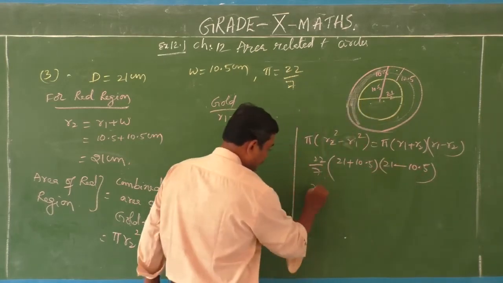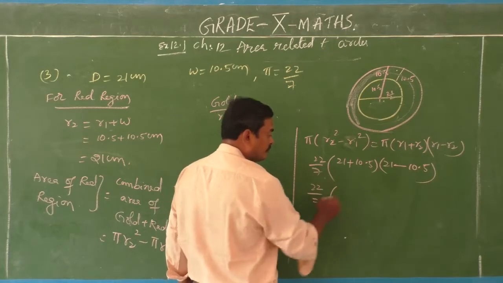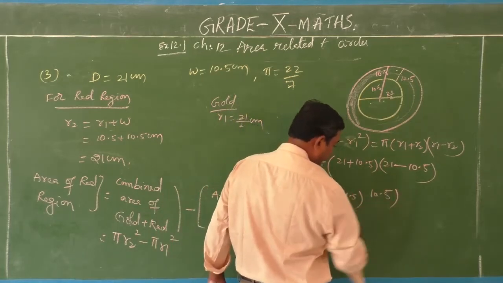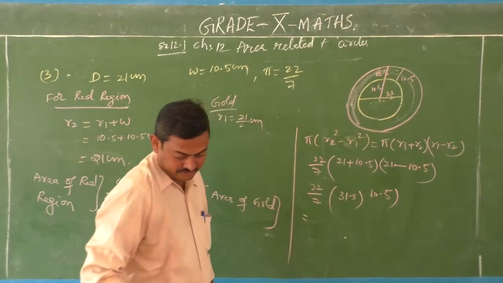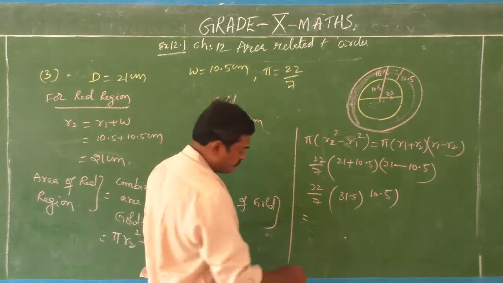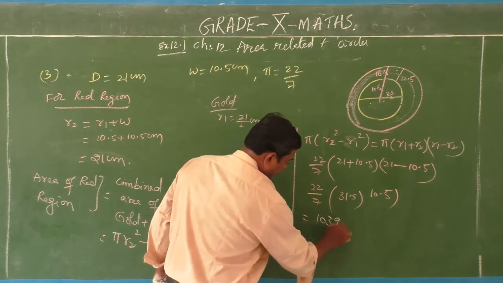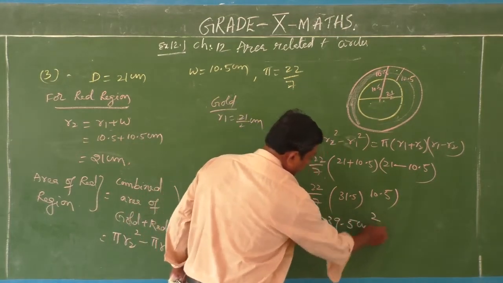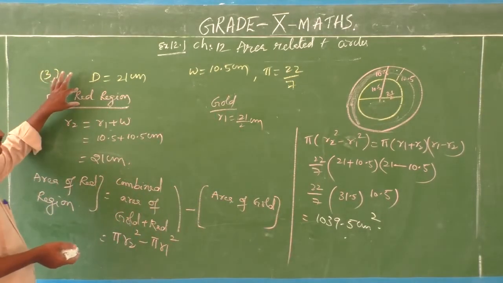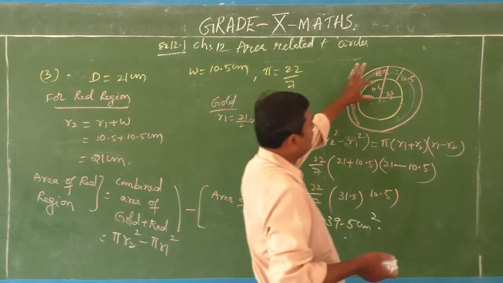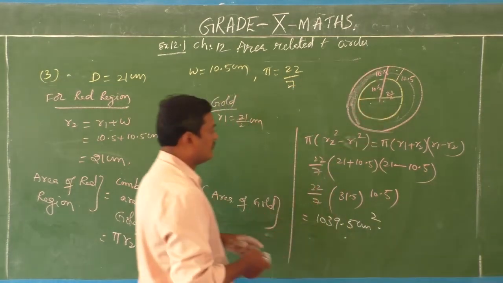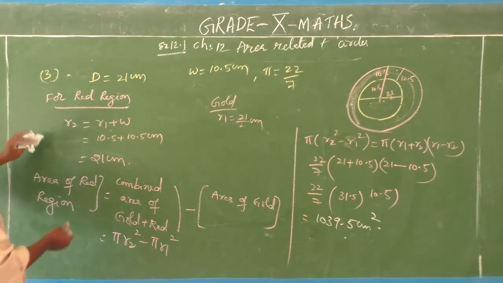That equals 22 by 7 into 31.5 into 10.5. If you simplify, we get the answer 1039.5 centimeter square. So the red region can be found by gold plus width, then R2 comes, and using this we find the formula.